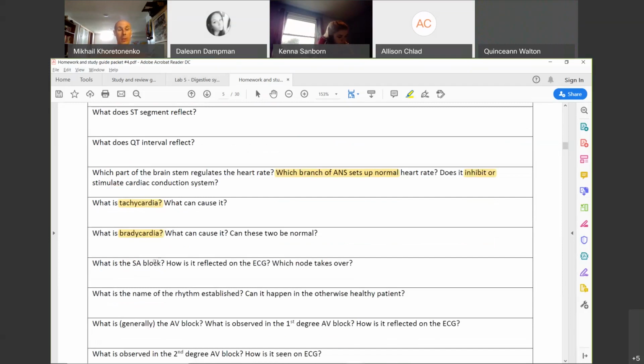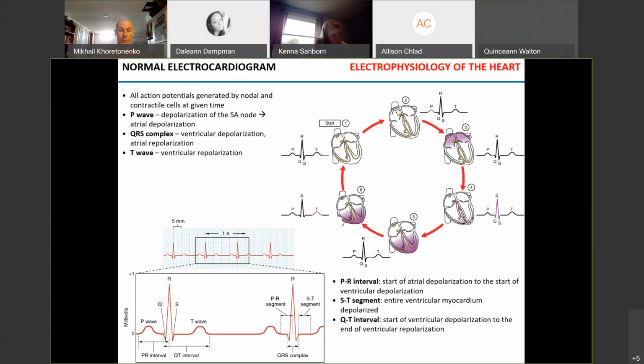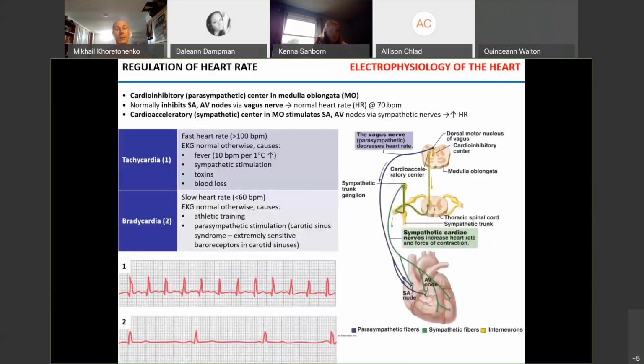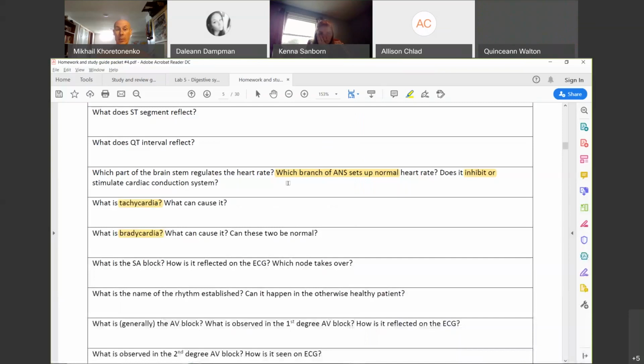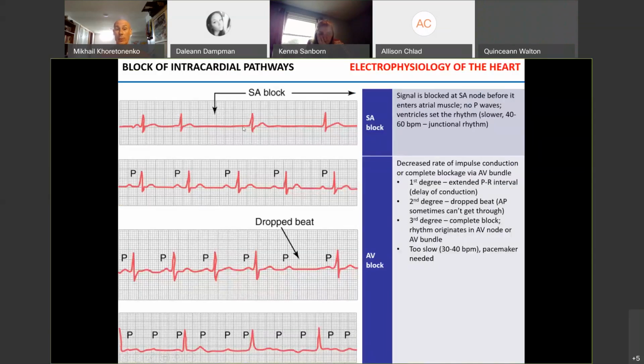Is it the SA block? Okay. So you see these graphs. I may show you one of these graphs and ask you, this is an example of, I don't know, SA block or heart block, AV block. Describe what you see there. In SA block, the SA node does not produce an impulse. You don't have a P wave, okay?